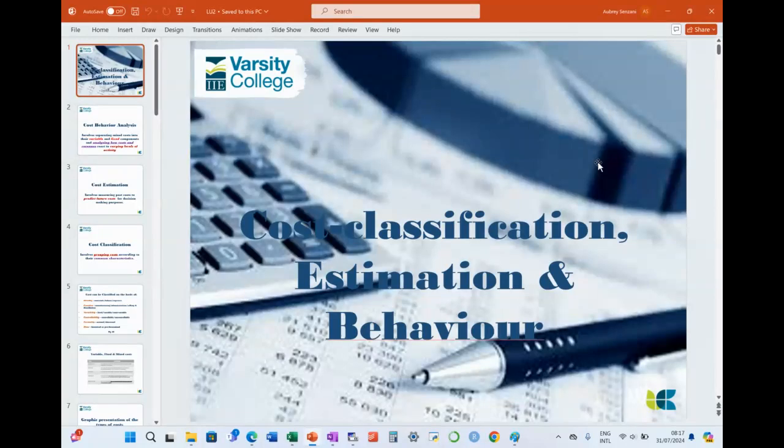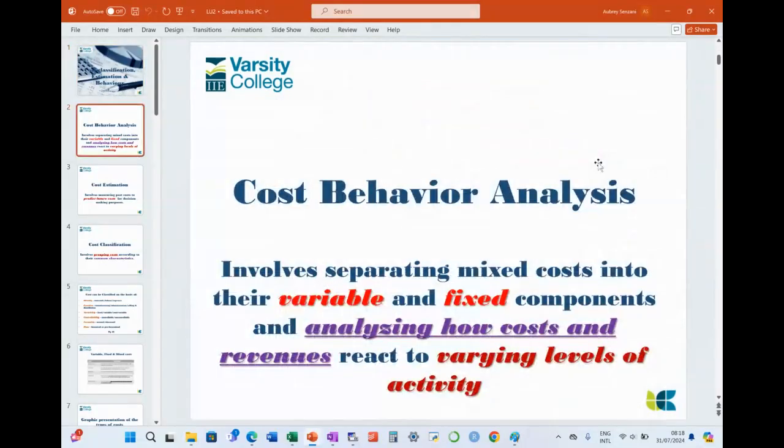Right. So learning unit 2 is cost classification and estimation and behavior. Now you see why I had the lights off, because you weren't going to be able to see so clear. Right. So cost behavior analysis, all right? It involves separating mixed costs into their variable and fixed components and analyzing how costs and revenues react to varying levels of activity.